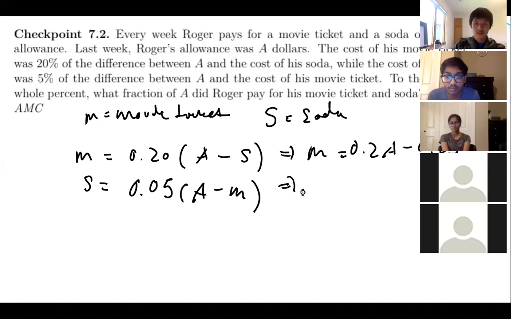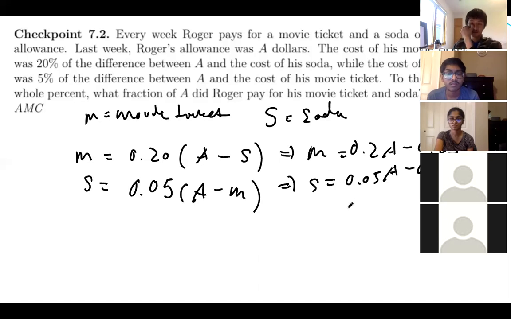And this one is S equals 0.05A minus 0.05M. So now this is a system of equations, and I guess let's use substitution to solve this.